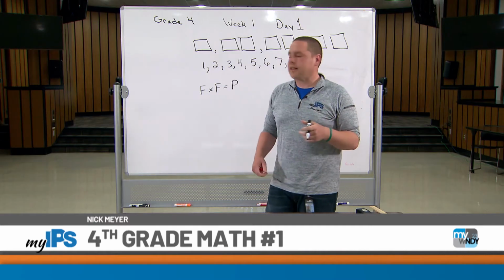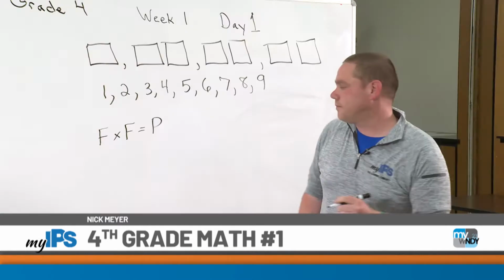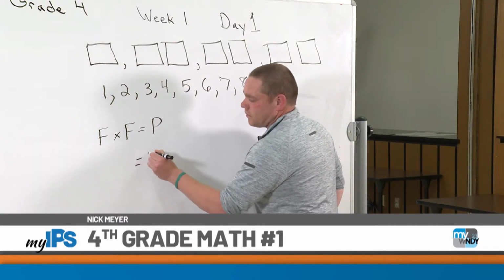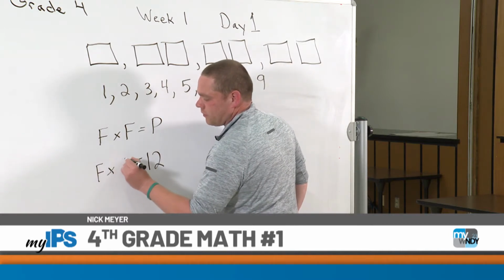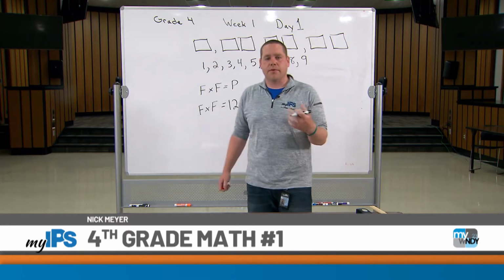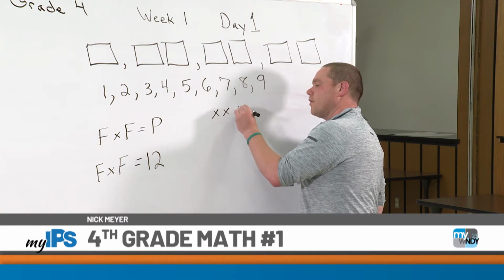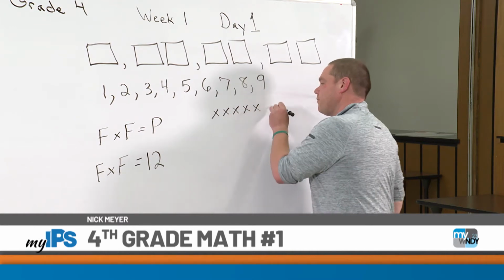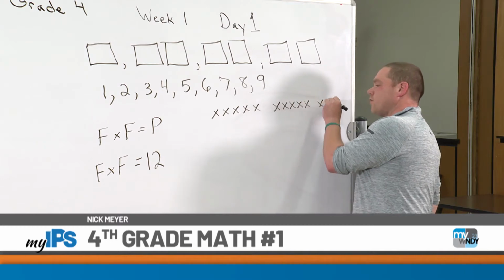So let's do a 2-digit number first. If I think of the number 12, what are some factors, what are some numbers that we can multiply together to get the number 12? So one way we can do it is one group of 12.